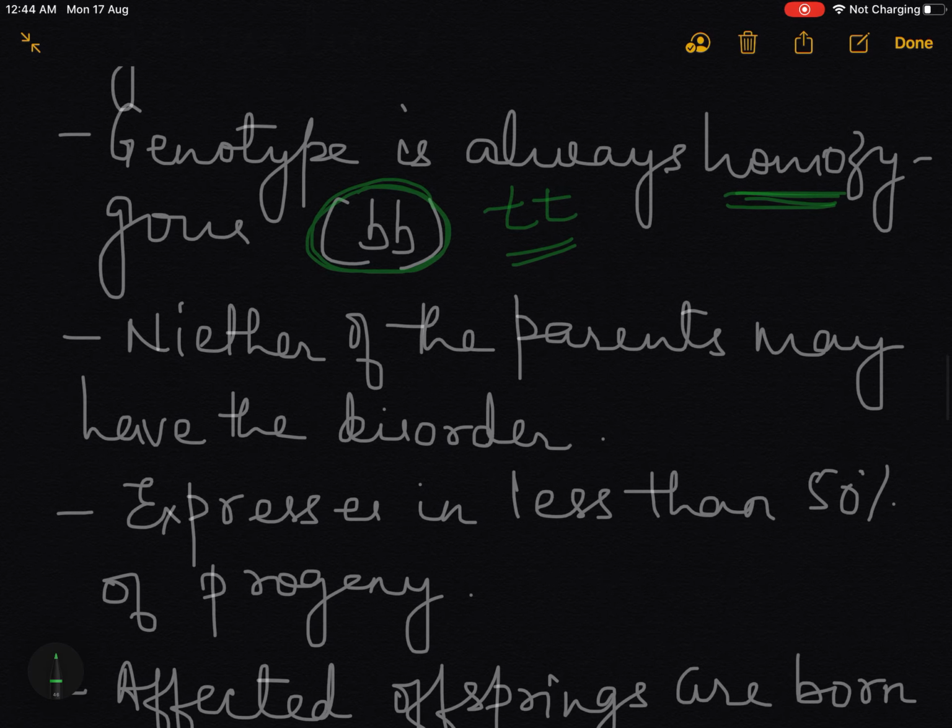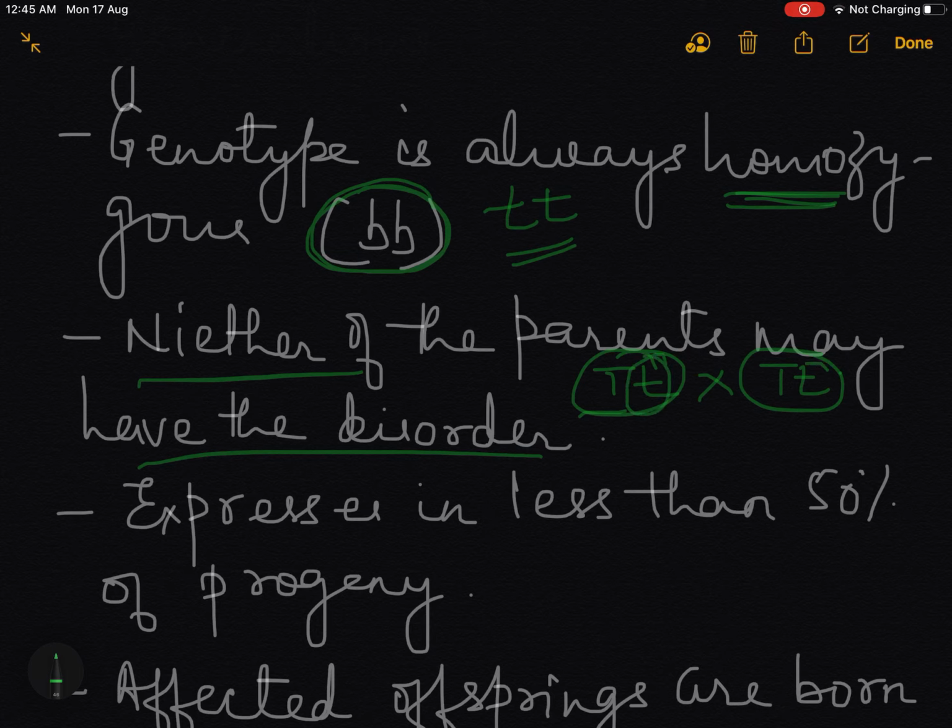Then neither of the parents may have the disorder. It's not necessary that the parents will have the disorder. They can be this. So no parent is recessive, or no parent has the disorder. They can be normal, but because they are having this small t, one of the progeny can be this, right?